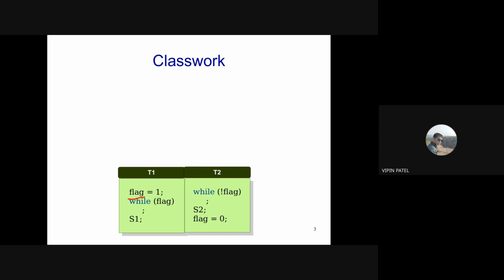No, just a moment. Okay, yeah. T1 executes flag equal to 1, and then it is descheduled. Then T2 executes, so the flag value is 1, so it will go on. It will come out of the loop and T2 or T1.